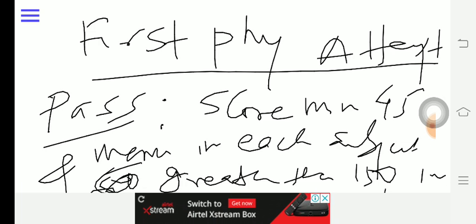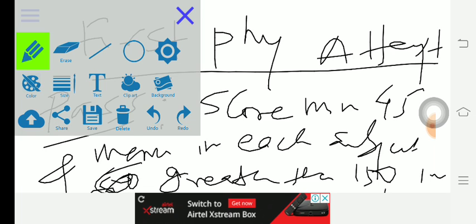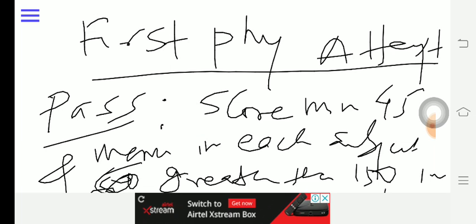So it means you will have to score minimum 45 marks in each subject, but again the total marks must be 150 or greater, then it will be considered as pass.